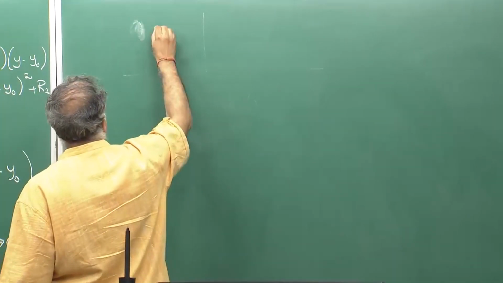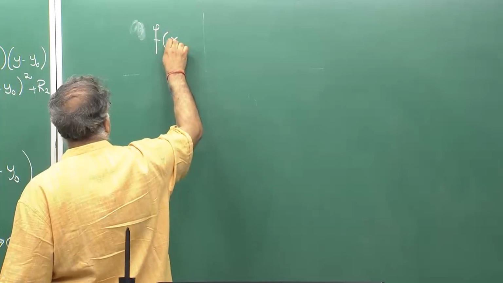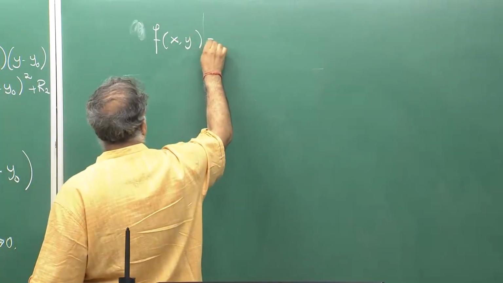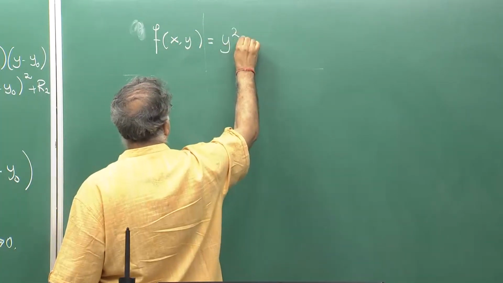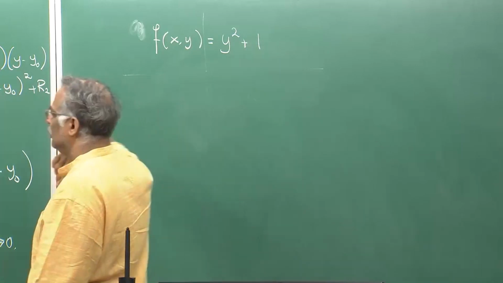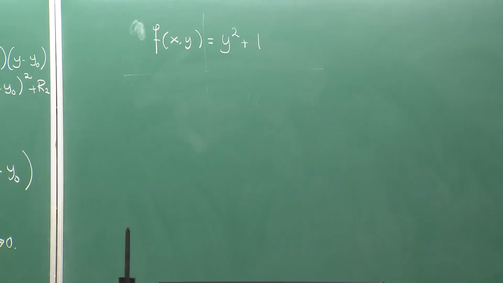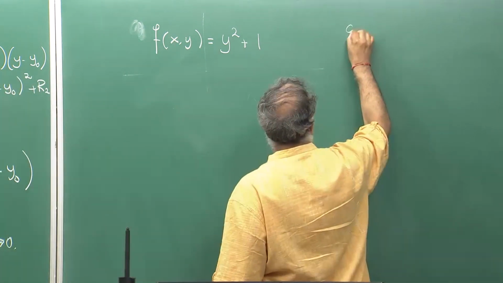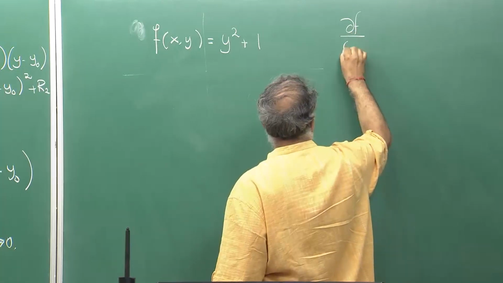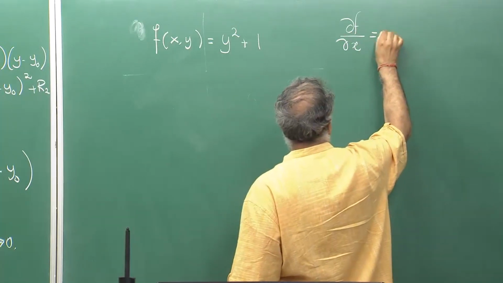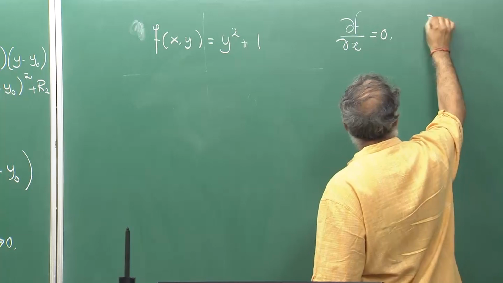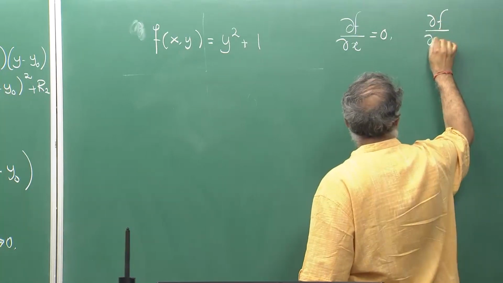So, consider f(x, y) equal to y square plus 1. You can evaluate the partial derivatives: del f del x is 0 and del f del y is 2y.